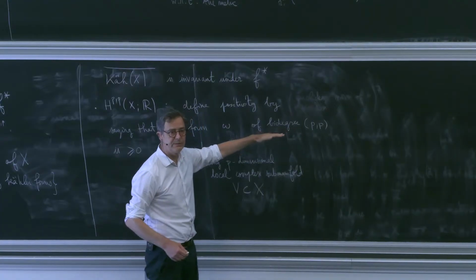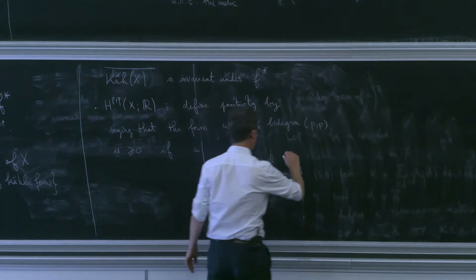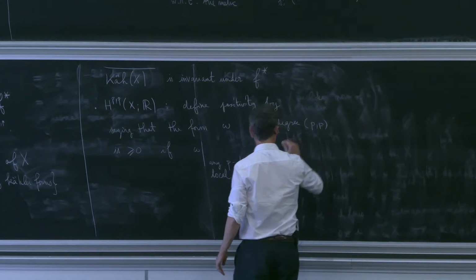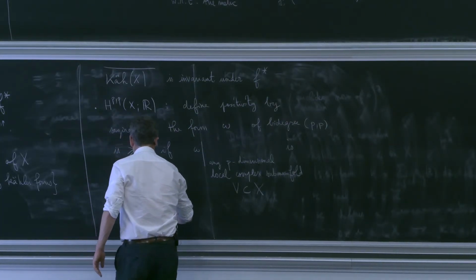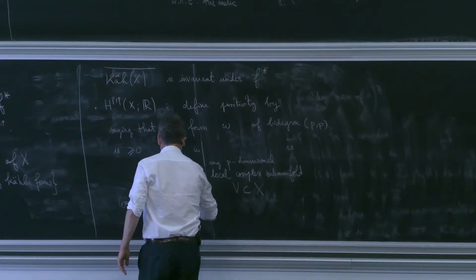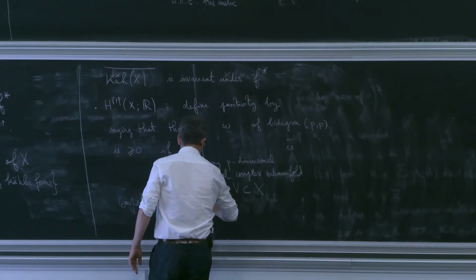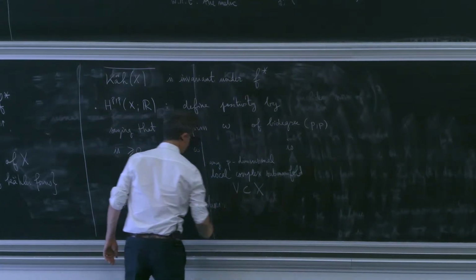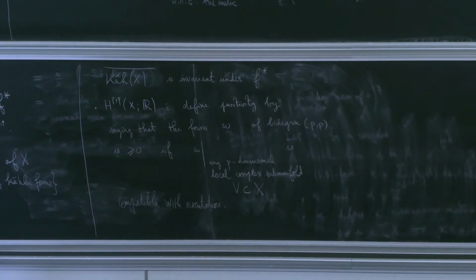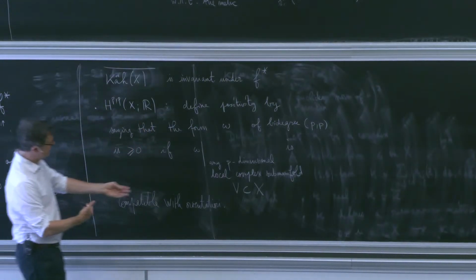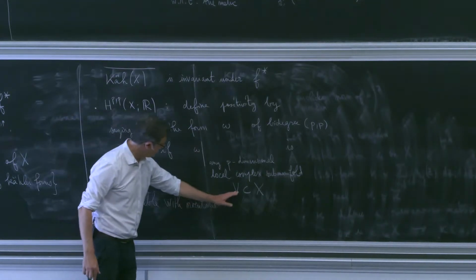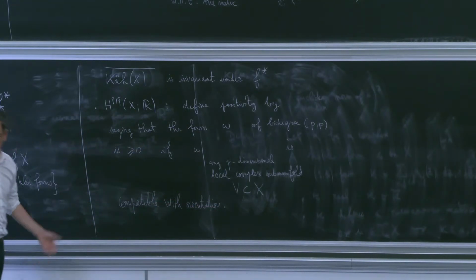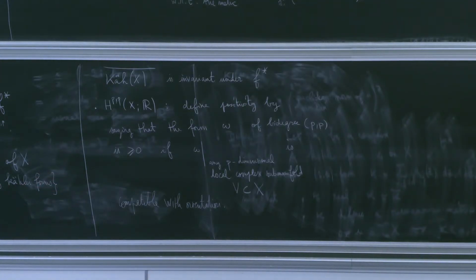You want it to be compatible with the canonical orientation of V. So when you evaluate this form onto the basis I described earlier that describes the orientation of V, you need to get a positive or non-negative number. Okay, so that's my definition of positivity.